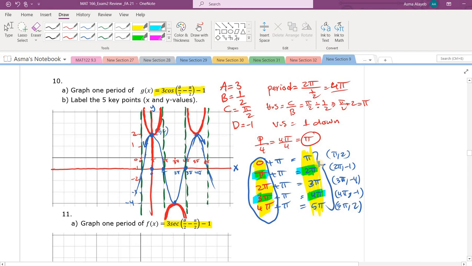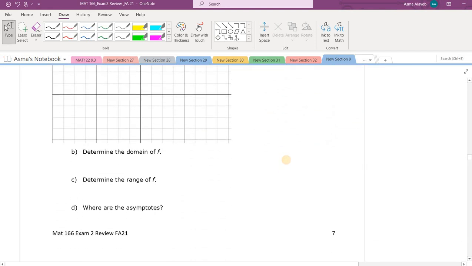That means the asymptotes are going to be all of the even multiples of pi, or you can write it x is equal to k pi, such that k is equal to 0, positive and negative 2, positive and negative 4, positive and negative 6, and etc.